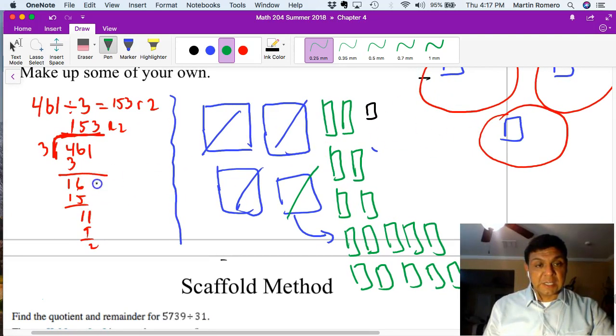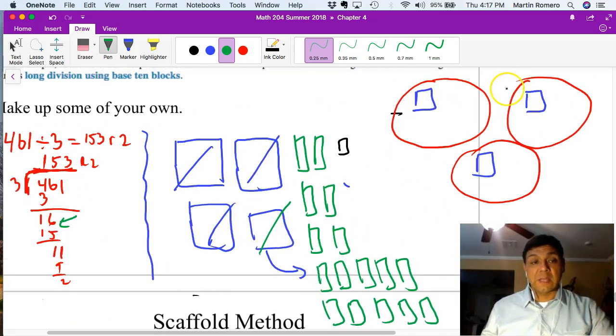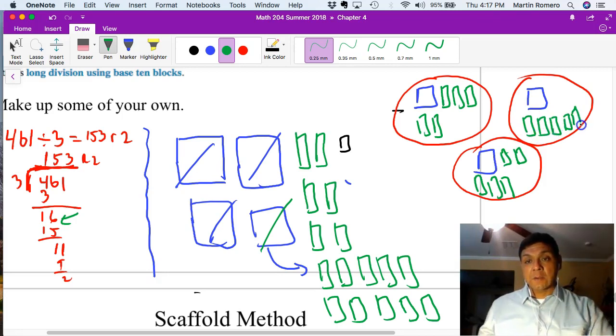I have 16 tens. There's my 16. Then how many can I share out? Each one would get 5. Out of that 16, each of them gets 5, and I'm literally distributing or sharing those tens out.